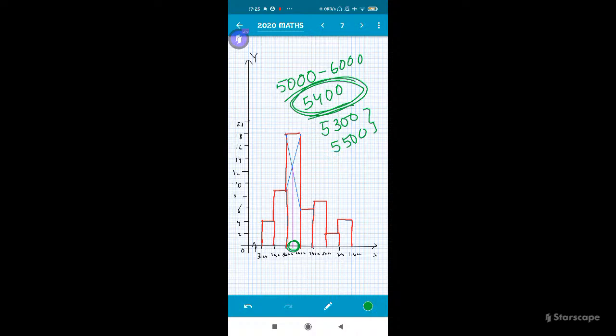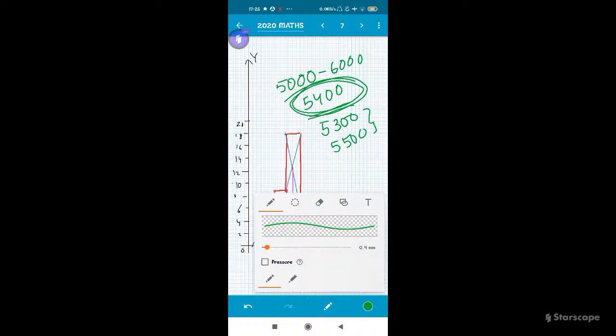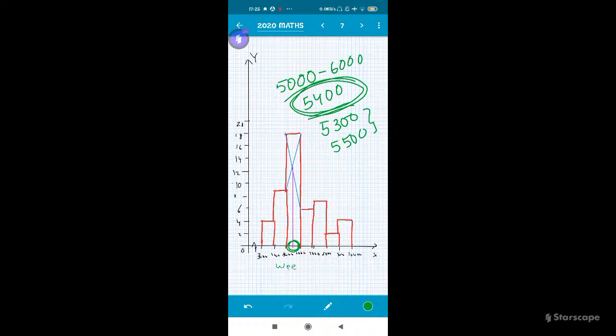In this case, it is the weekly wages. And the y-axis denotes the number of people. And also make sure that you're writing the scale of the graph, because that also carries 1 mark. So I guess this question is clear to you. So this is how you find out the mode by using a histogram.